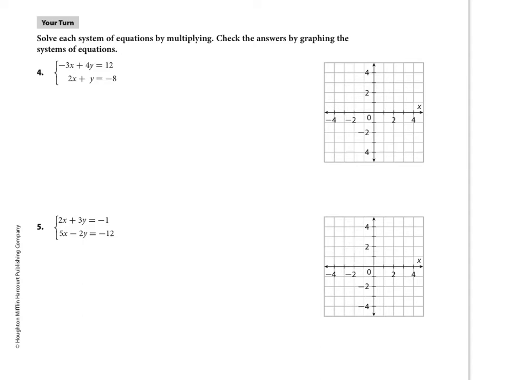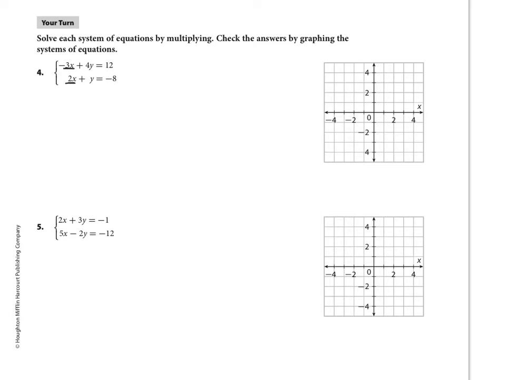So in number 4, first thing we have to do is decide which variable to get rid of, x or y. Well, in this case, I'm going to get rid of the x, and the reason is because one's already negative and the other's positive. Here's a very easy way to do these, kind of a shortcut. How can I get rid of the x in the two equations?